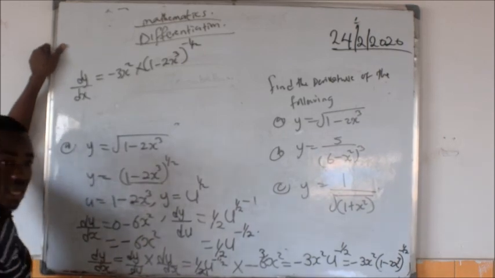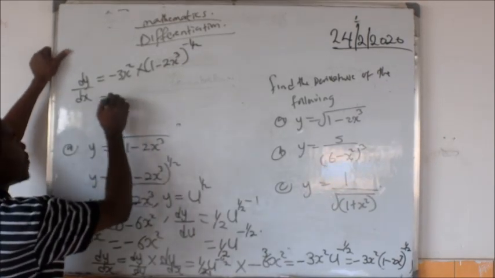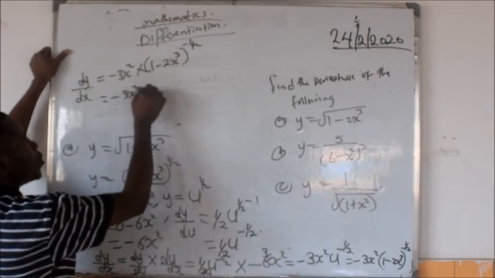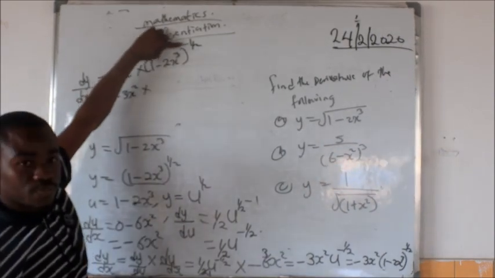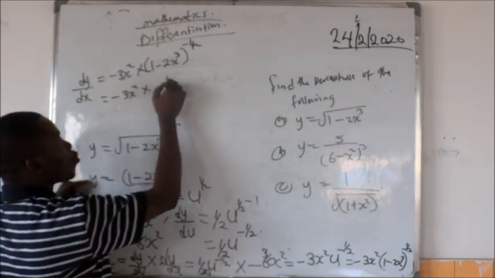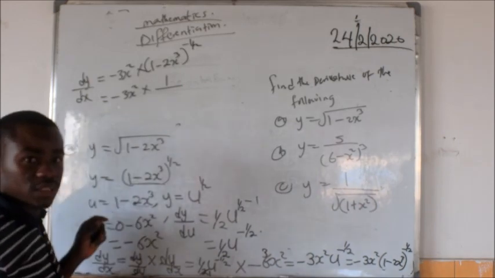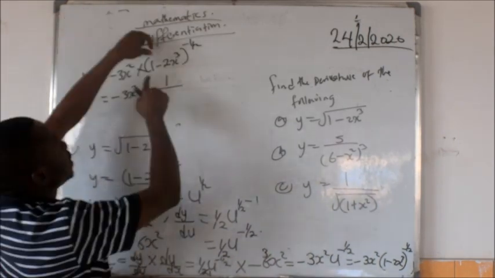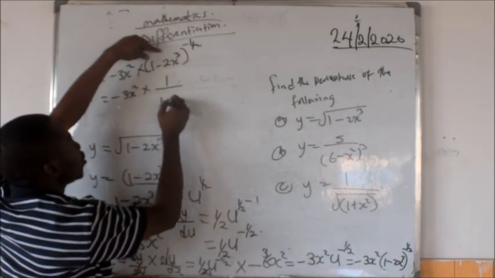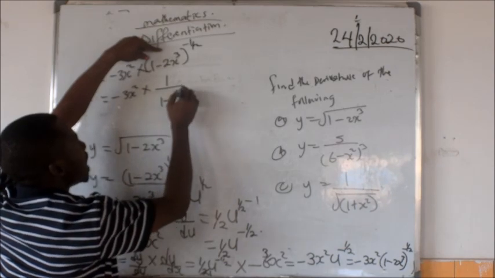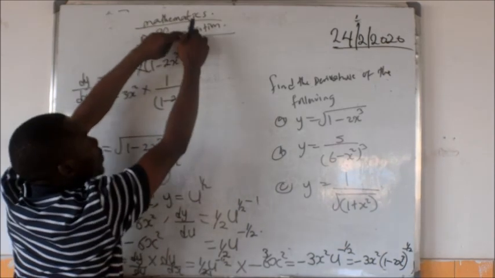You understand? Then up here we have minus 3x squared multiplied by, you see this minus, it will change to 1 all over under mathematics. This one will come down and become 1 minus 2x raised to power 3 raised to power whatever that is now here.